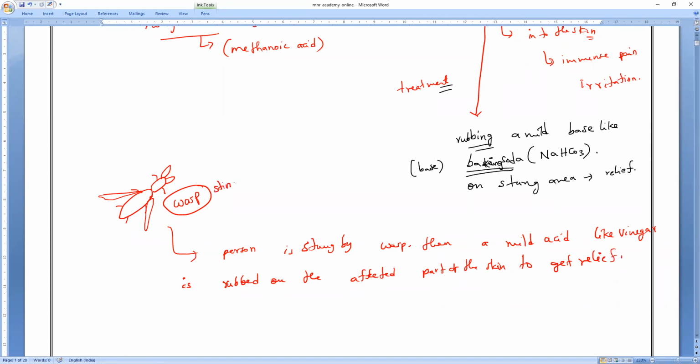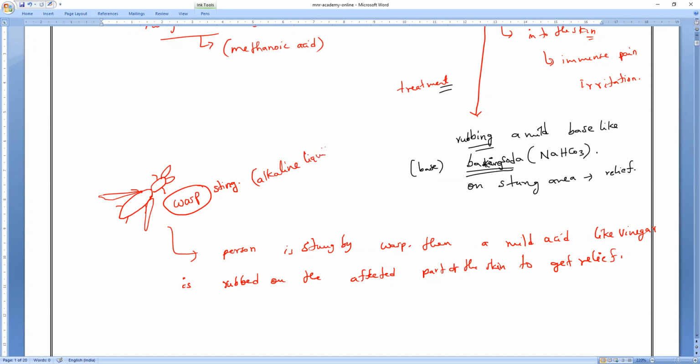To get relief, in the sense that a wasp sting contains what, guys? Base or acid? Base. Because the wasp sting secretes an alkaline or basic liquid. Please remember, the wasp secretes alkaline liquid through the sting. So what is the treatment for this one?